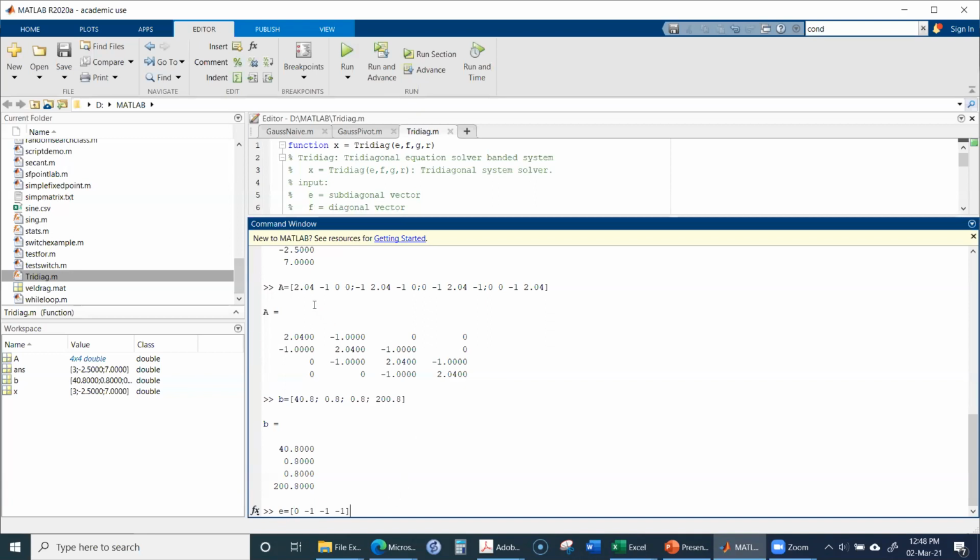Because this is a 4 by 4 matrix, we have to provide 4 values for E.